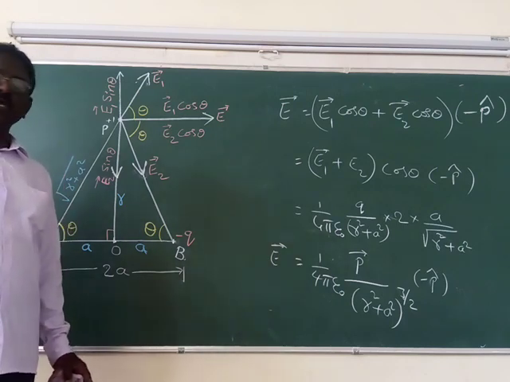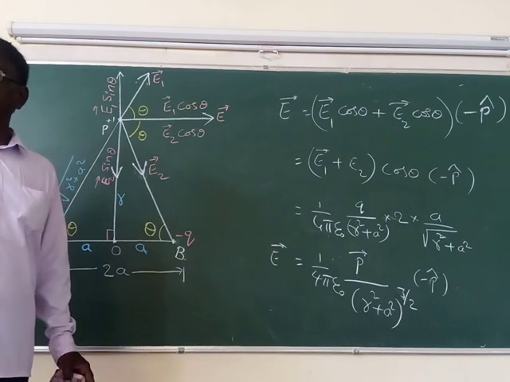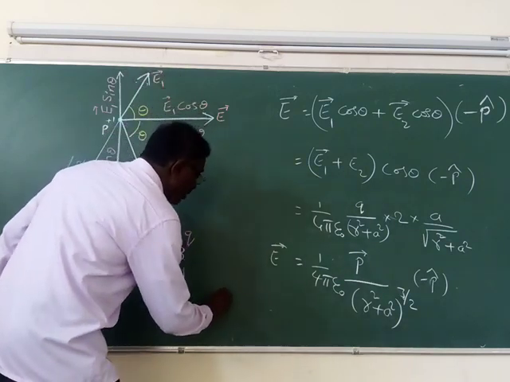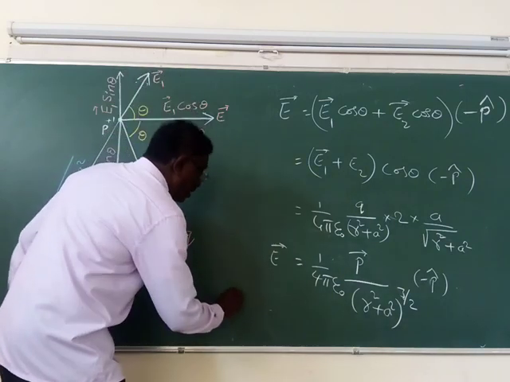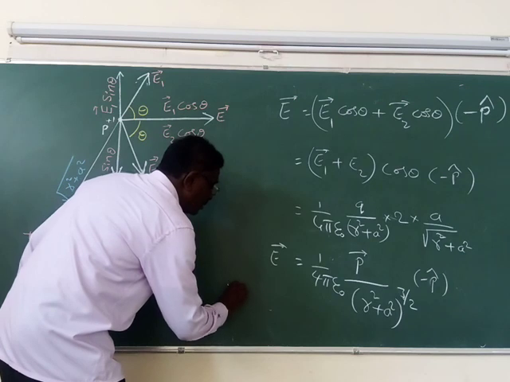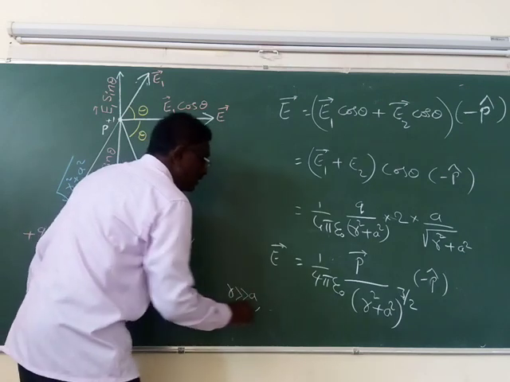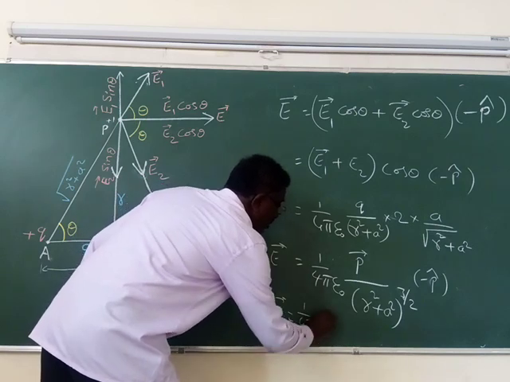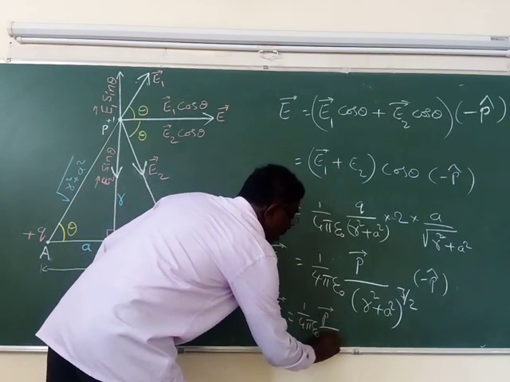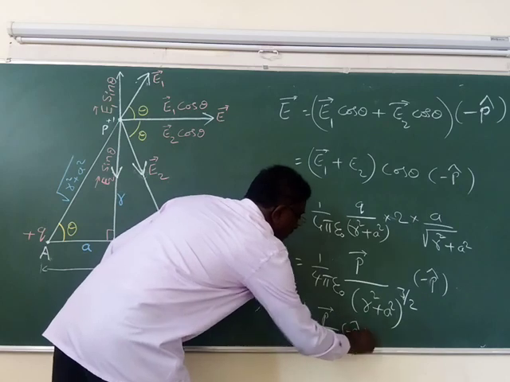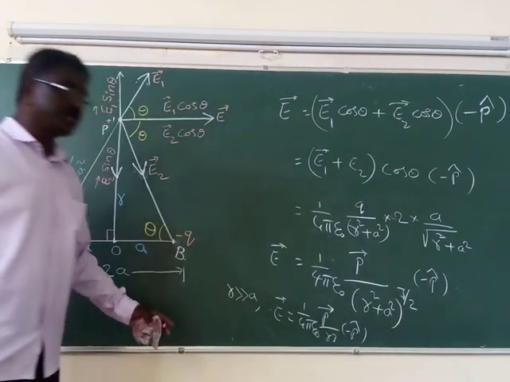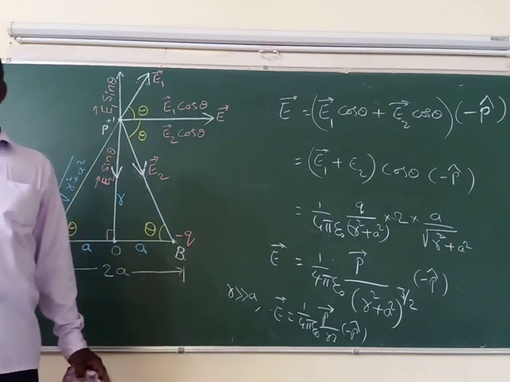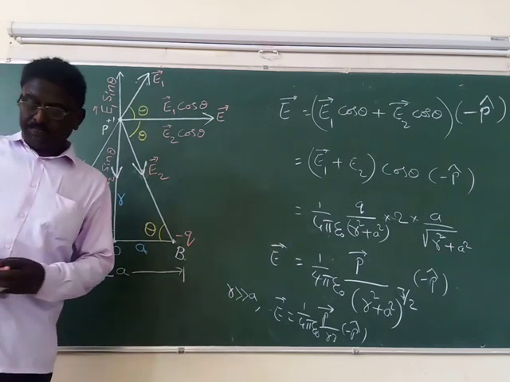If r is very very large compared to a, or if a is very very small compared to r, then for a short dipole, E becomes 1 by 4 pi epsilon naught, vector P divided by r cube, into minus p cap. This is called a short dipole.